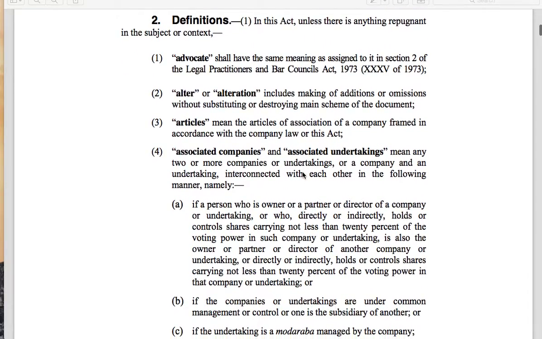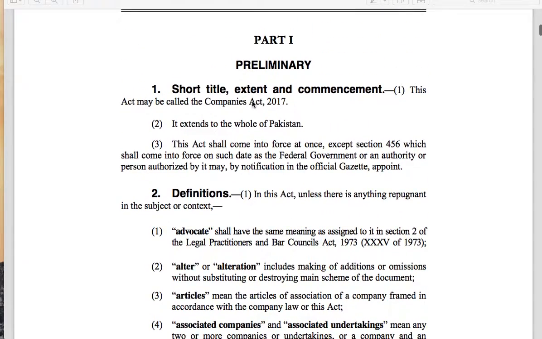these are the different definitions, and the Company Act 2017 has been amended once, and a few sections have been added. There was an amendment in the year 2020 which included the definition of startups and a lot of facilities for startups.